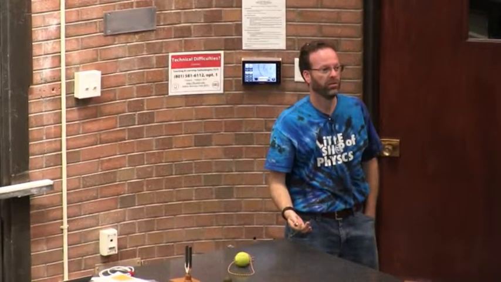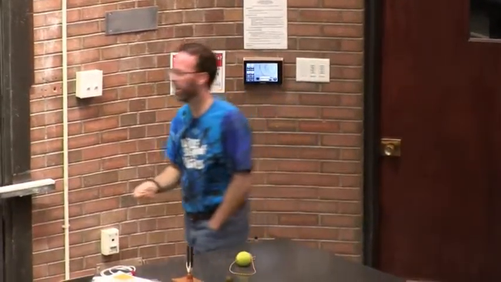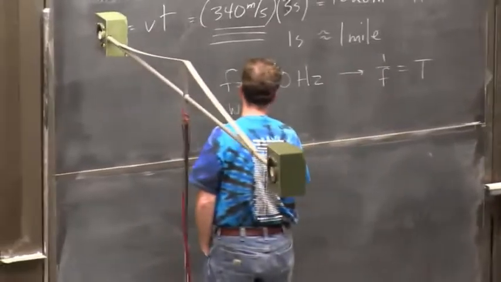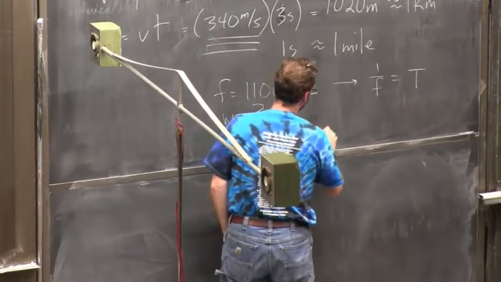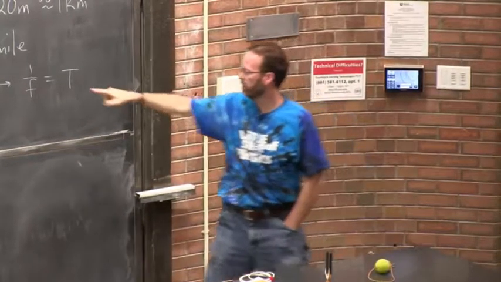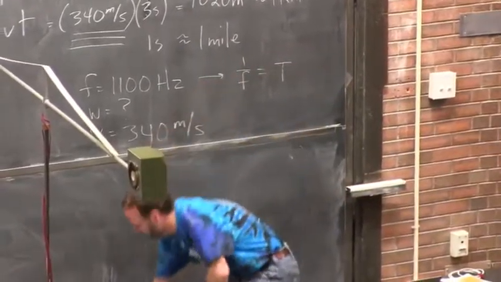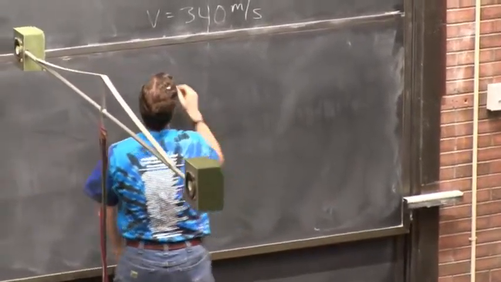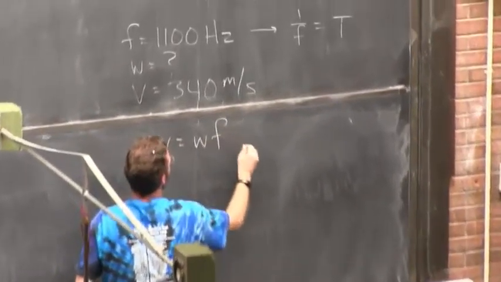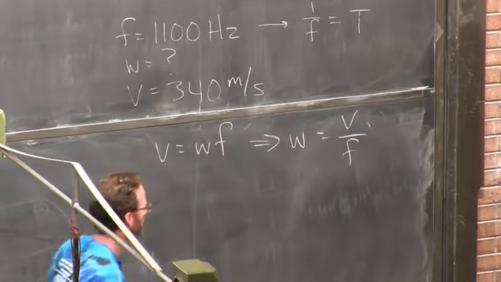Divide the velocity by the frequency. Do we know the velocity? It's the velocity of sound. Yeah, it's traveling in air. What's the velocity of sound in air? 340 meters per second. That's how fast the wave is going to travel from the speakers to your ear. So if velocity is wavelength times frequency, the wavelength is the velocity divided by the frequency.